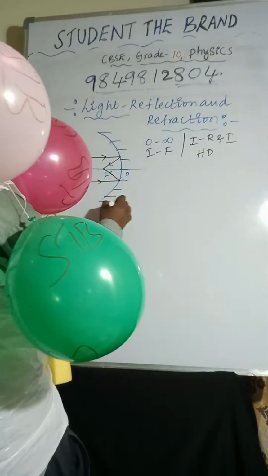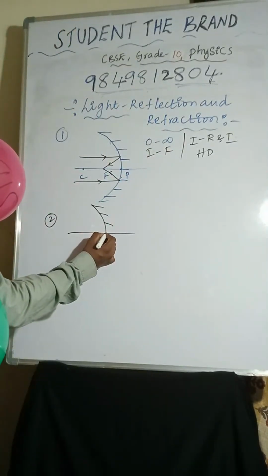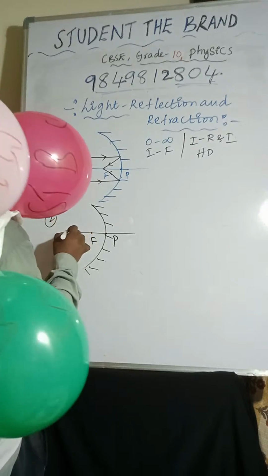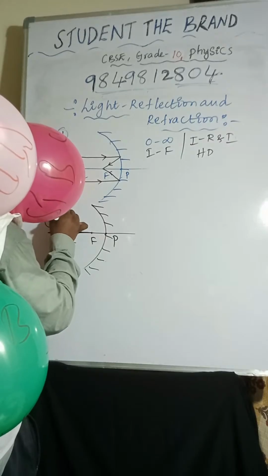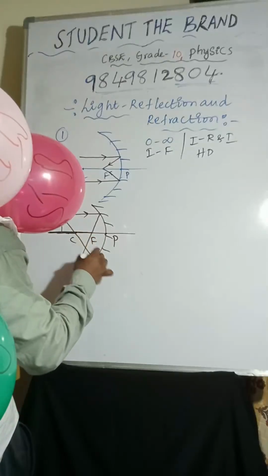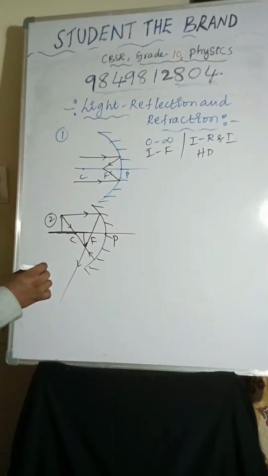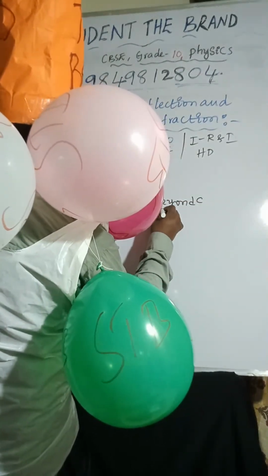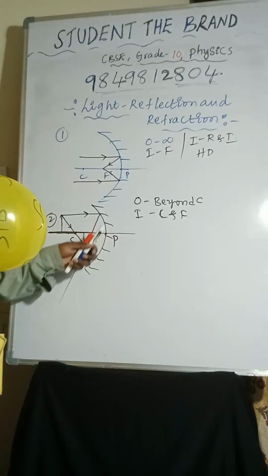Coming to the second one: object is placed beyond center of curvature, image is forming between C and F, nature of the image is real and inverted.